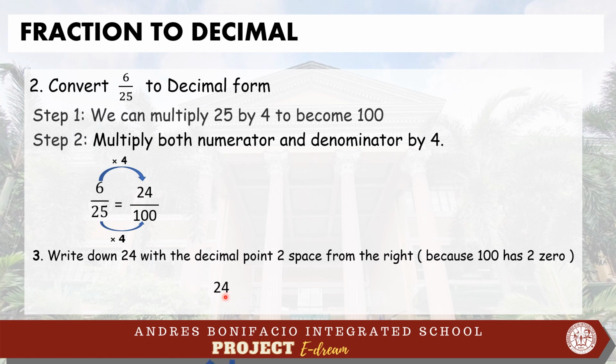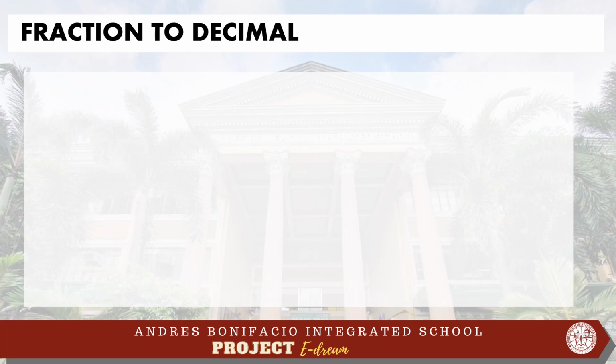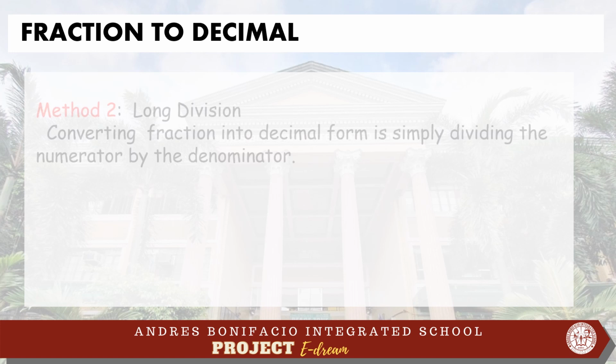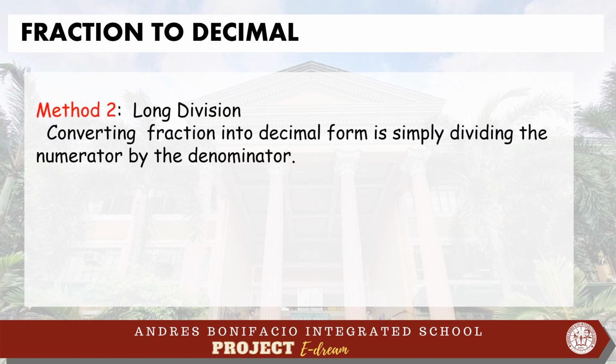So, we have 1, 2. So, we come up with 0.24. So, therefore, 6/25 is equal to 0.24.